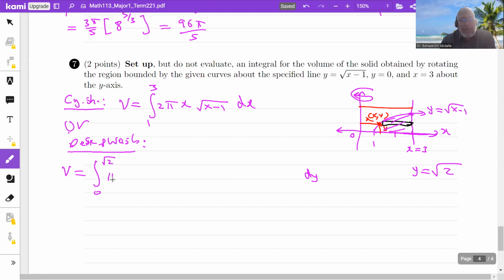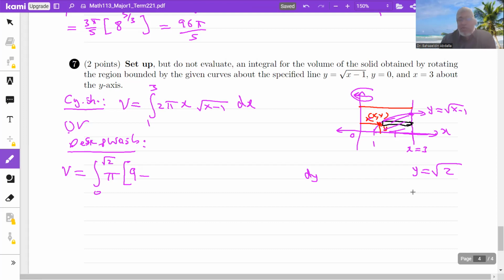Pi times the outer radius squared. Well, the outer radius is this red line. It is the distance from the outer curve to the axis of rotation. This distance is 3, so when you square it, it's just 9. And then the inner radius squared. Well, the inner radius is this distance, which is x of the curve.